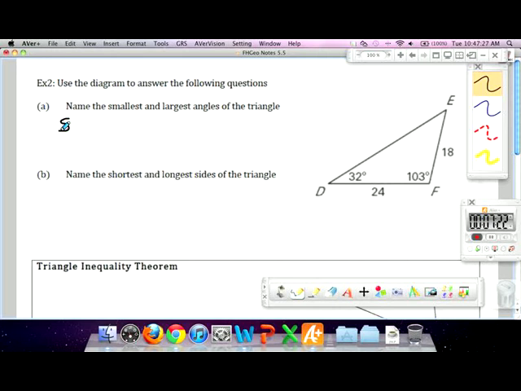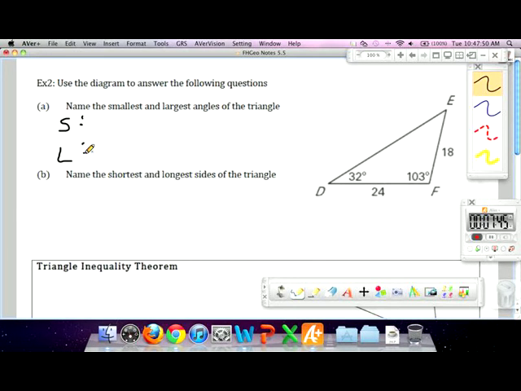Oh, sorry, angles. Okay, what are the smallest and largest angles of the triangle? Angle D is the smallest. How did you know angle D is the smallest?